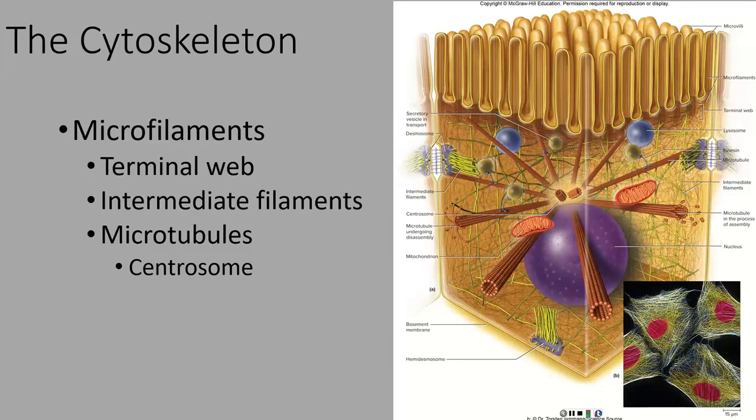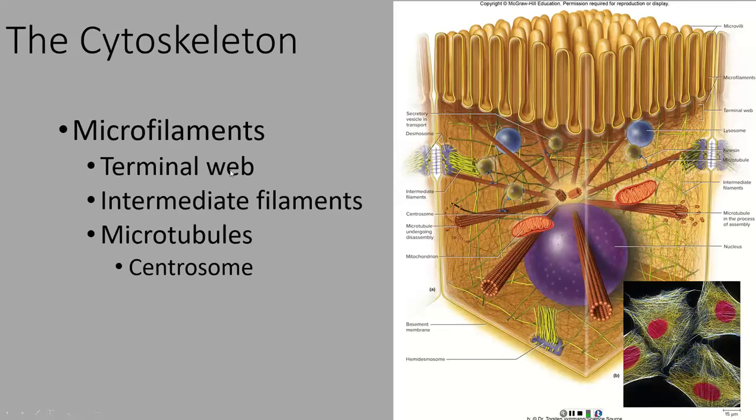Also, microfilaments are involved in muscle contraction. So later in the semester when we talk about muscles, some of the proteins involved in that muscle contraction are microfilaments, something called actin. And also laying just beneath the surface of the plasma membrane, kind of this gray, hazy background material, is a mat of microfilaments called the terminal web.